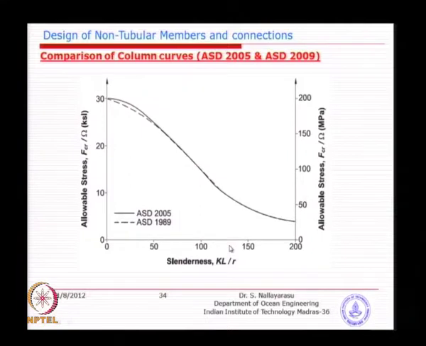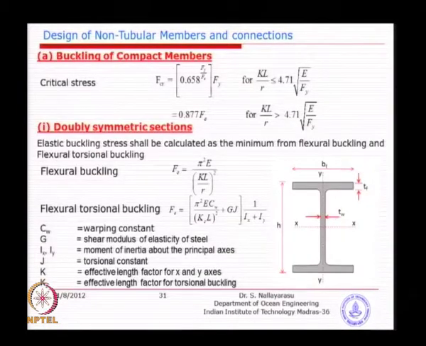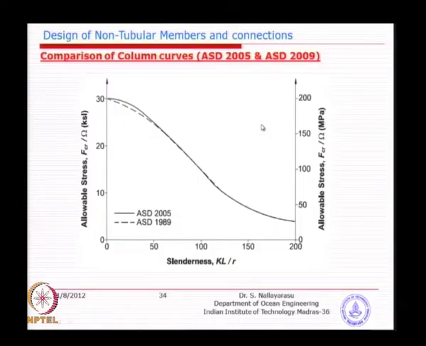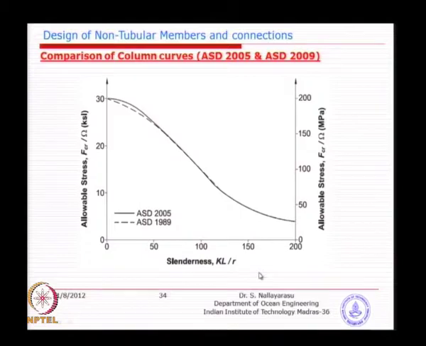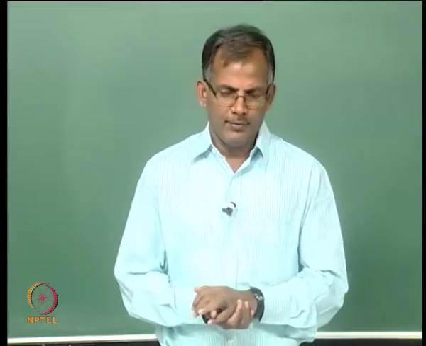the relationship between KL by R ratio, which depicts this equation, and the relationship with allowable stress, which is basically Fcr by tau, in terms of megapascal, this is your KSI value, and the horizontal axis is your KL by R. Remember, we had a similar graph for tubular sections, almost a similar parabolic type.